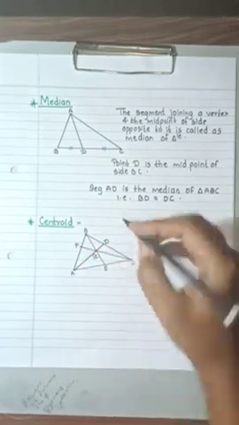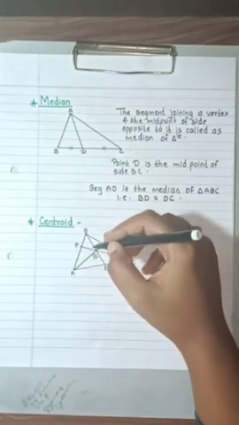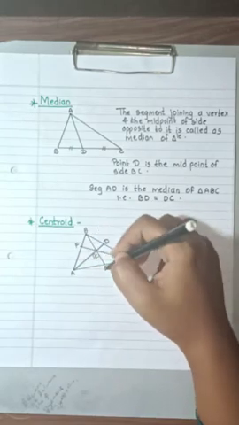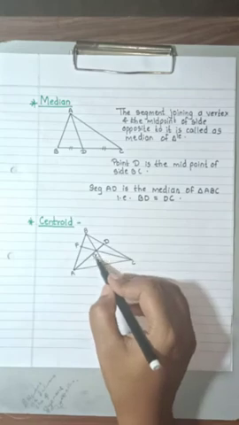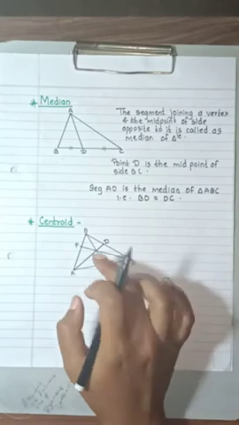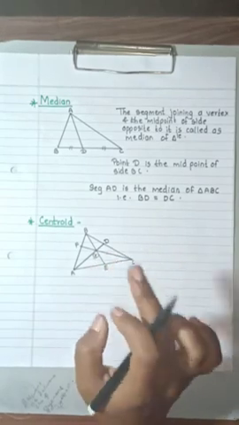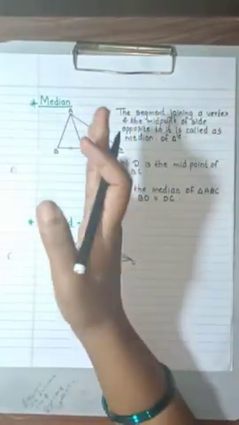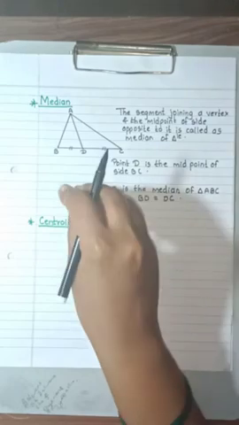What you have seen here, median AD, median CF as well as median BE, all together meet at a point G, and G is called the centroid of the triangle. In short, a centroid of a triangle is a point where the three medians of a triangle meet.